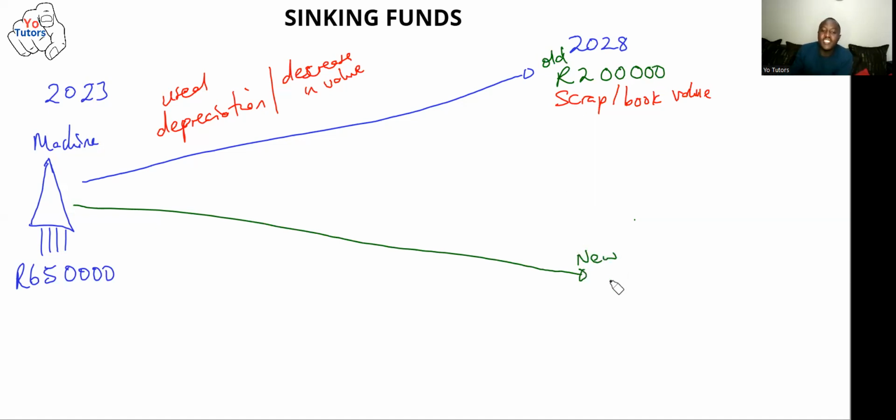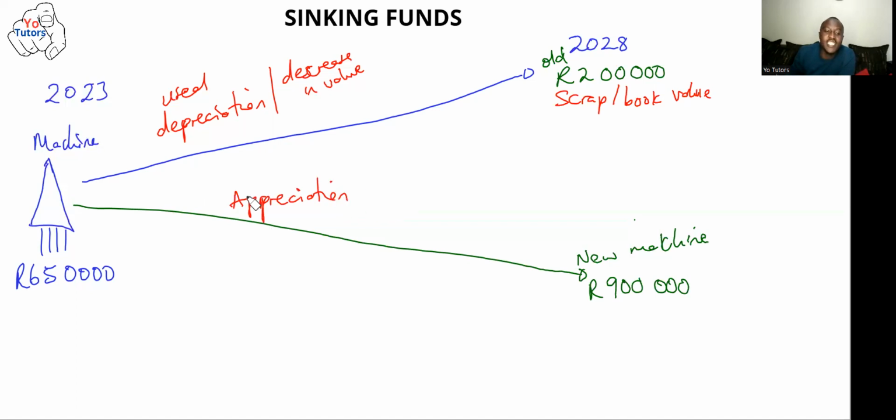The new machine is now costing more. Let's say it's now 900,000. So the machine has appreciated, or the amount increased. There is an appreciation in terms of the price.